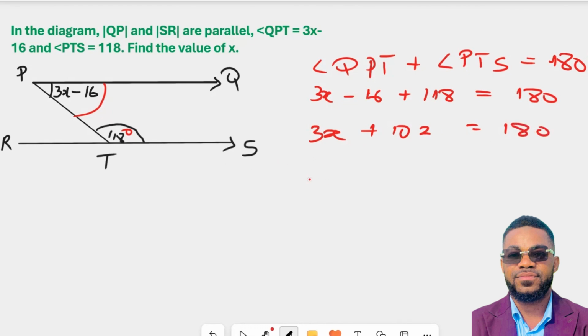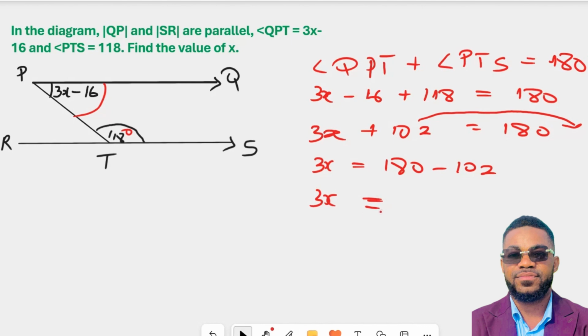So I have to subtract 102 from both sides, and that will give me 3x equal to 180 minus 102. Or you can just say that we've taken this to this side, and that's going to be minus, right? So you have 3x equal to 180 minus 102, and that'll give me 78.